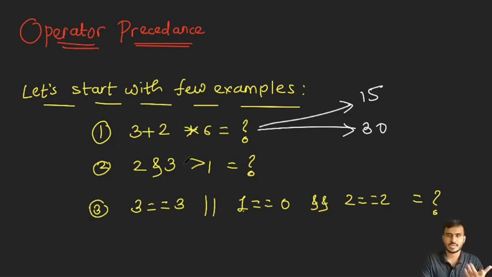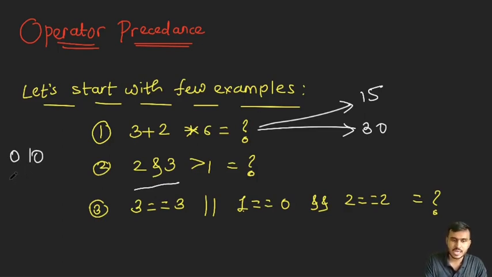Let me explain what the two possible answers of this example can be. If you are evaluating 2 and 3 first, let's see what the answer is. This AND is a bitwise AND operator, so we need to convert all these things into binary. Let's quickly convert 2 into binary. 2 in binary is 0 1 0.